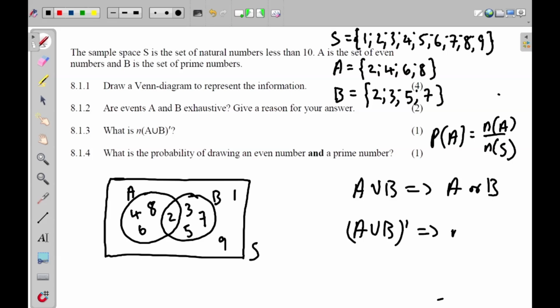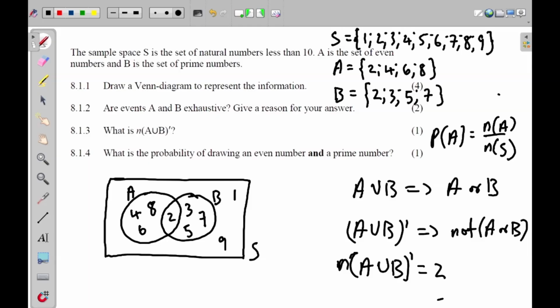It simply means not A or B. And that means whatever is outside A or B. Now, what does N of A union B mean? It implies the number of elements that are outside this. And I hope you can all see there is only 2 elements, namely 1 and 9.